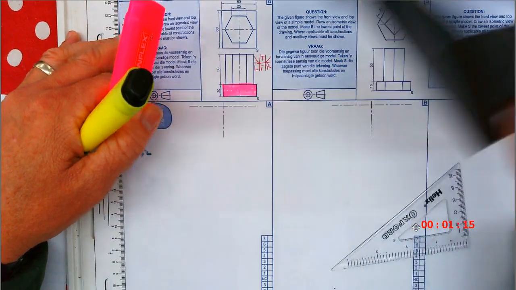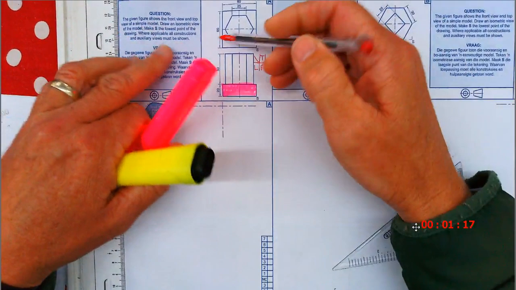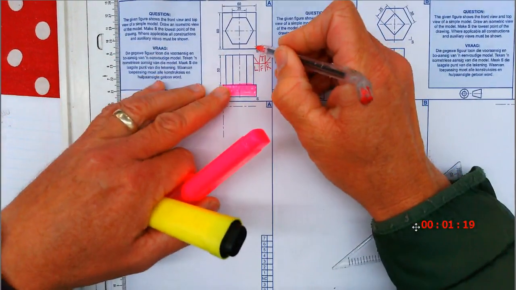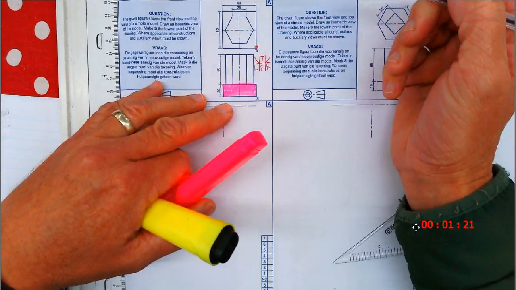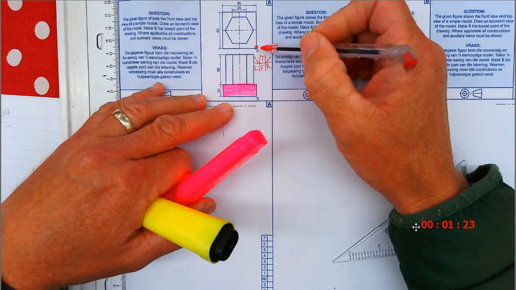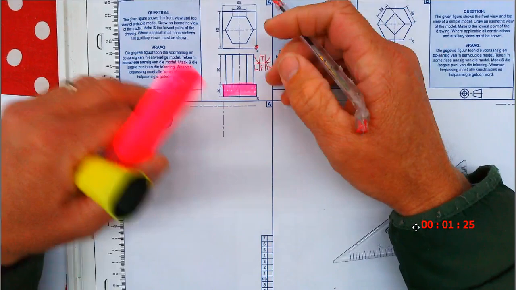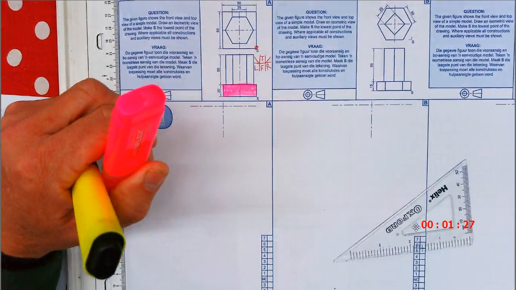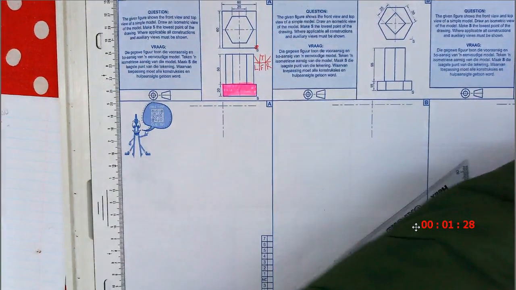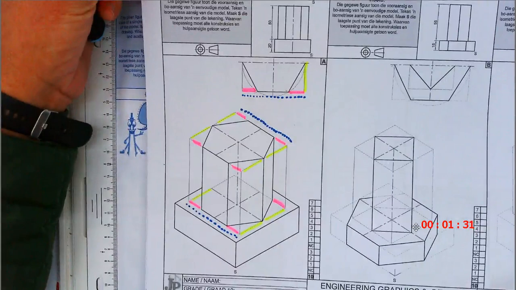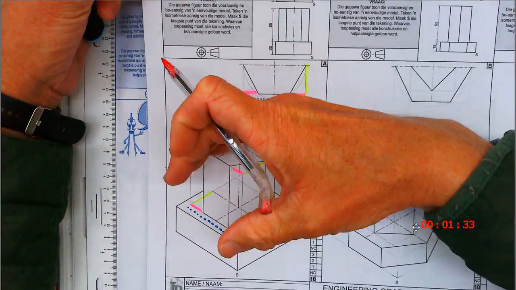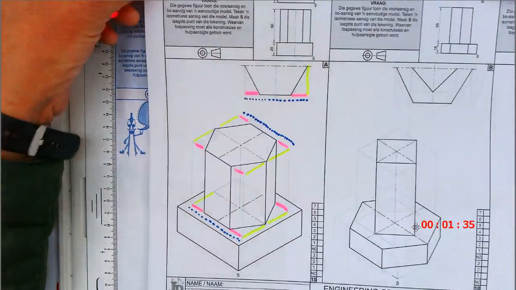Okay? And now they say, make point S the lowest point in the drawing. What does that mean? If that is not point S, it will change the orientation of your question. In other words, if you look at the memo, it won't be lying like this, it will be lying in a different orientation. And then it's going to be wrong.